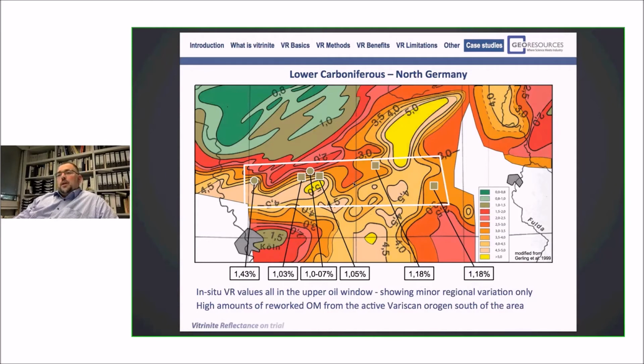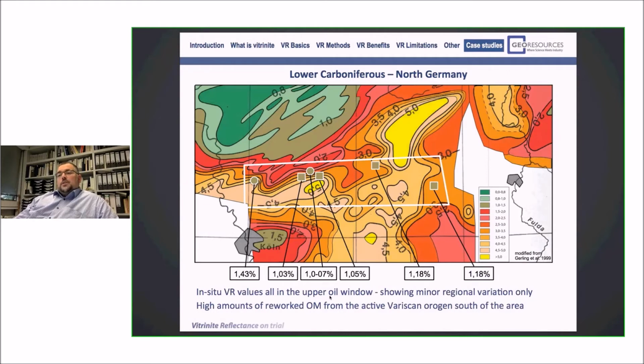So, due to the high amount of eroded, recycled sediments, we also get a very high amount of highly mature recycled organic matter in this interval, and that's the reason for these high maturations in this southern margin of the North German basin. This is just due to the high amount of highly mature reworked organic matter, reworked vitrinite.